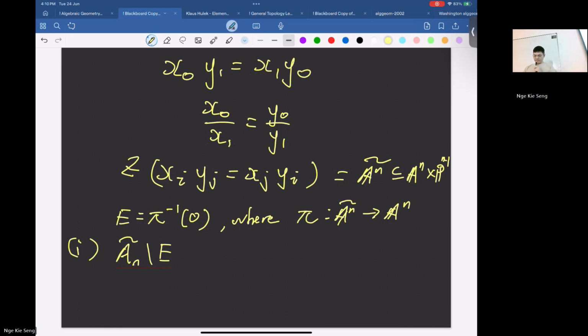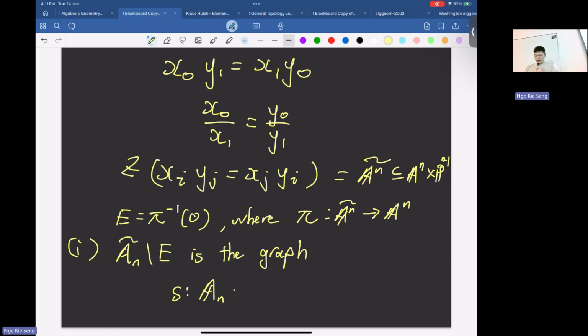Okay, and then if I remove E, this is the closure, right? No, sorry. It's the graph, right? It's just the graph. Graph of what? S. What's S doing here?